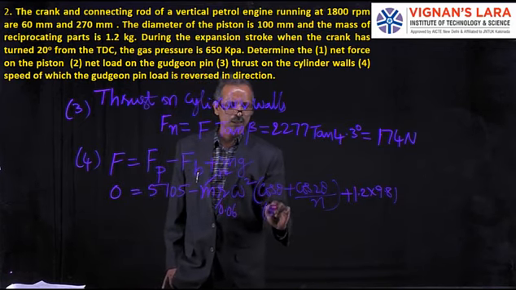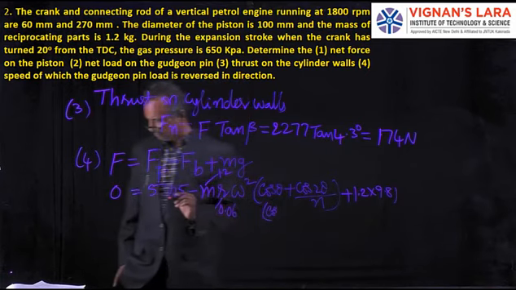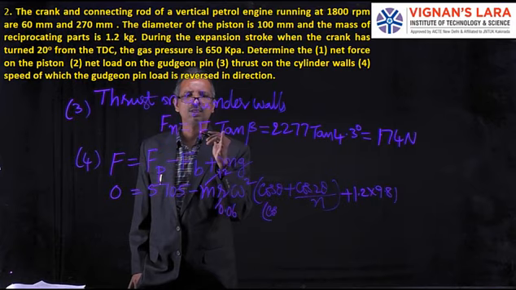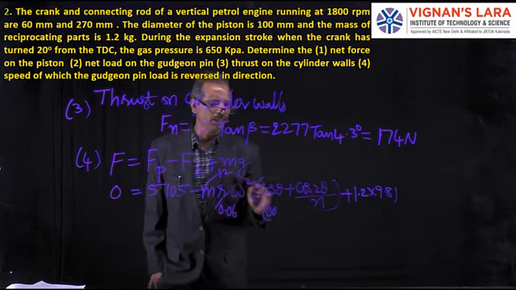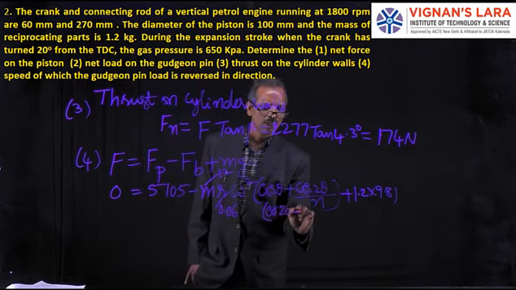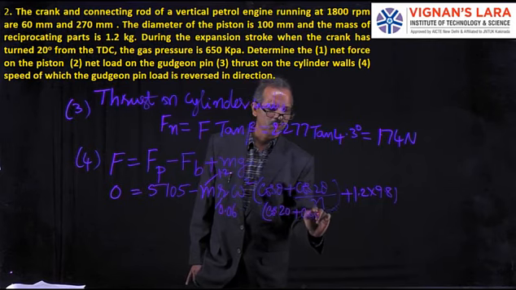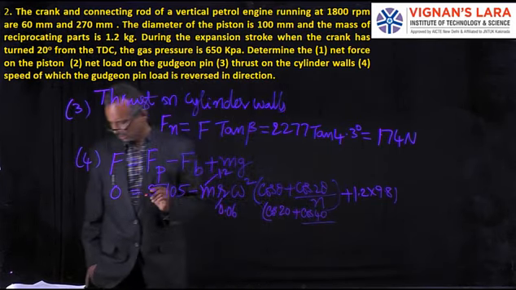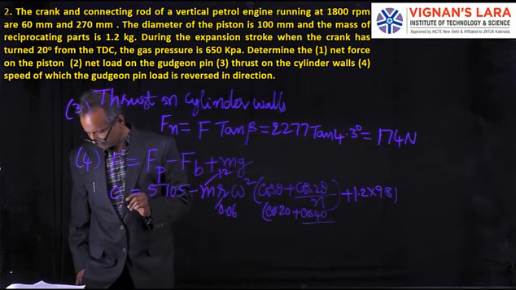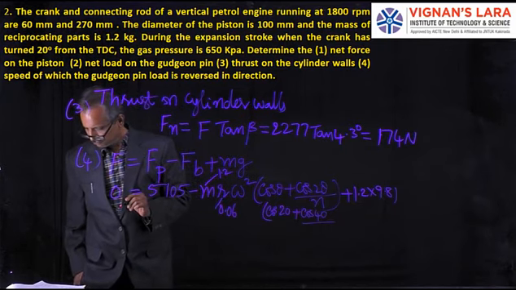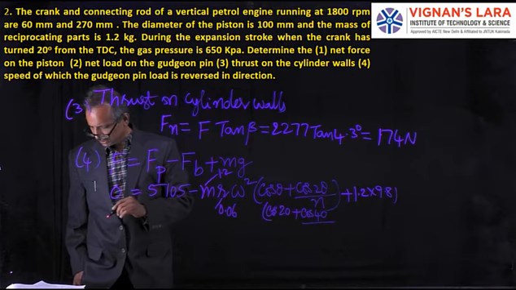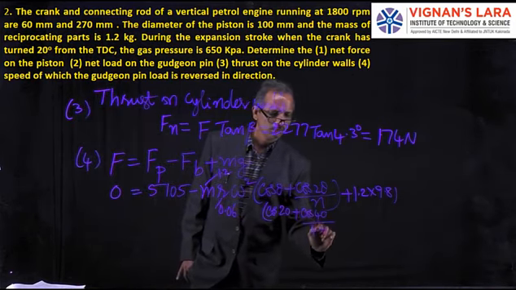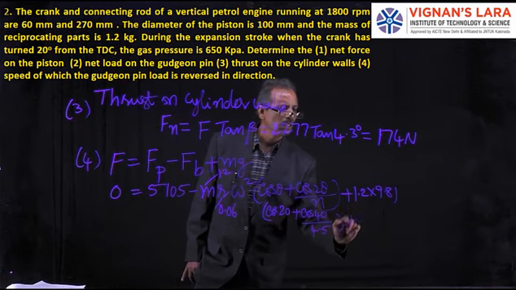Theta is given as 20 degrees, and in cos 2 theta by n, the value of n which we got is 4.5.